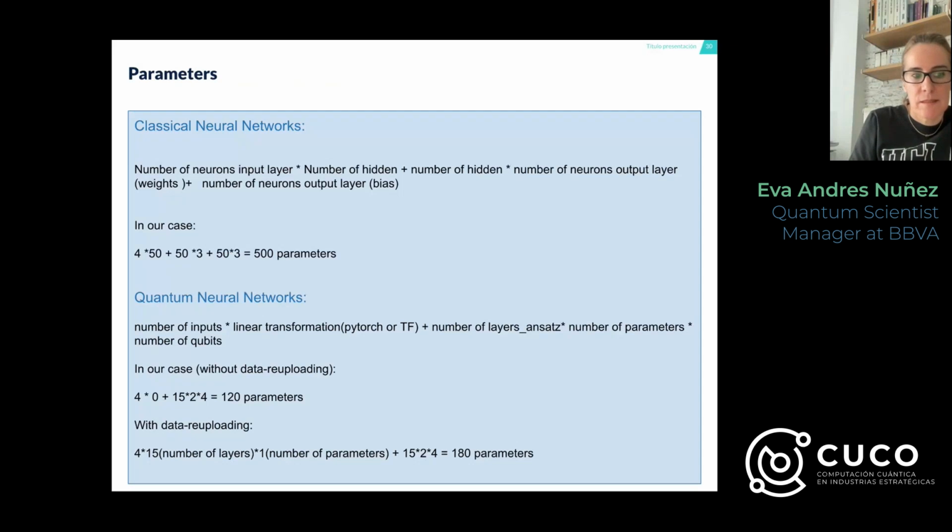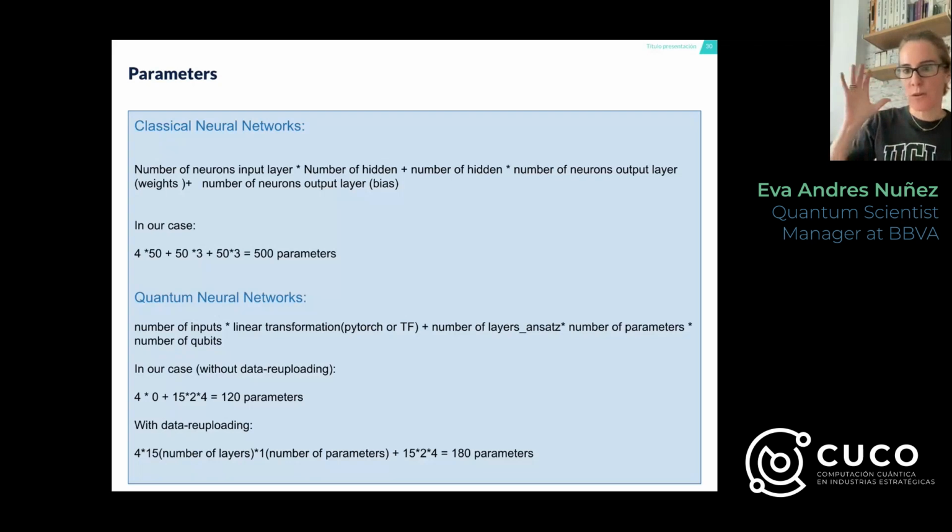In this case, we have 50 neurons in the hidden layer and 4 in the input layer. This is the 5 for the weights, and this is for the biases. So in total, we have 500 parameters. Is this formula clear?